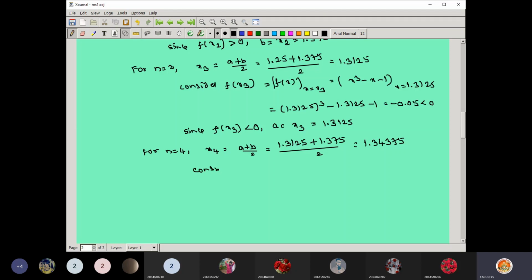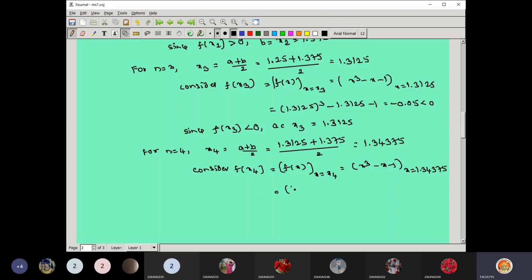Consider, if you get 0, stop here. f of x4, this means f of x at x equal to x4. So your f of x is nothing but x cube minus x minus 1, with x equal to 1.34375.